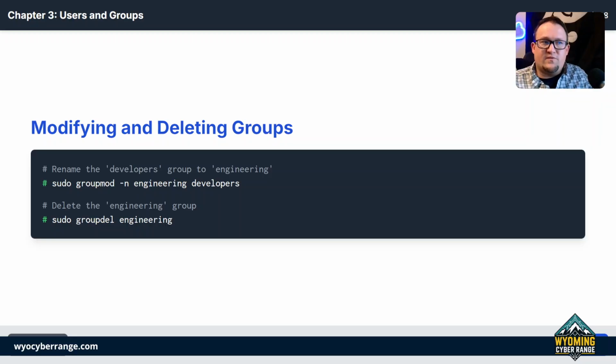Now, if for some reason the engineering group didn't exist before, and you flipped it backwards, it will just tell you that the engineering group doesn't exist, so you can't rename it to developers. But at the same time, we want to make sure that we're being safe because multiple users are using our systems.